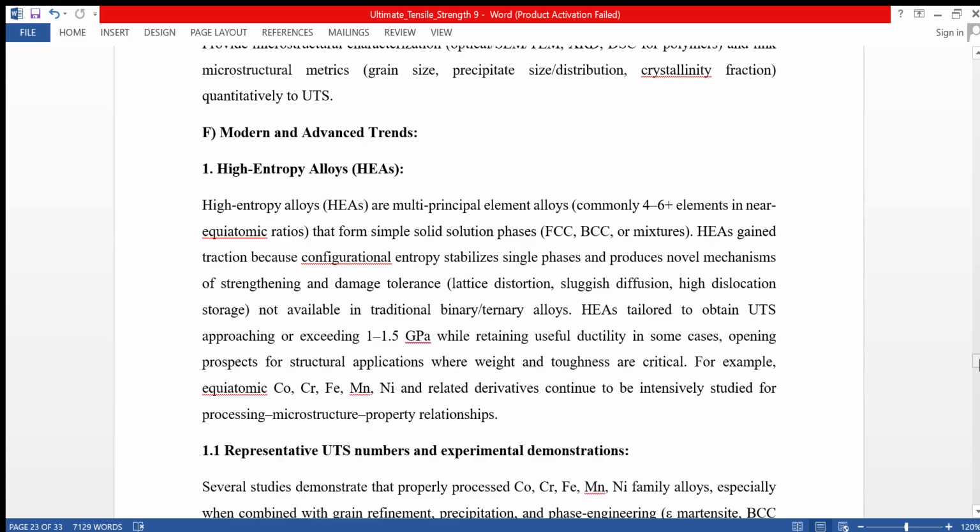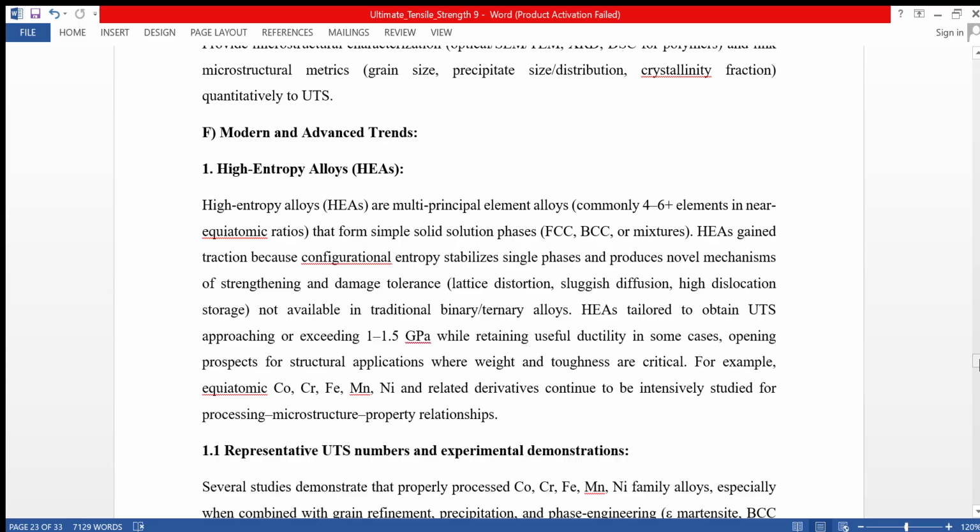HEAs have gained traction because configurational entropy stabilizes single phases and produces novel mechanisms of strengthening and damage tolerance not available in traditional binary alloys. HEAs can be tailored to obtain UTS approaching or exceeding 1 to 1.5 GPa while retaining useful ductility in some cases, opening prospects for structural applications where weight and toughness are critical.